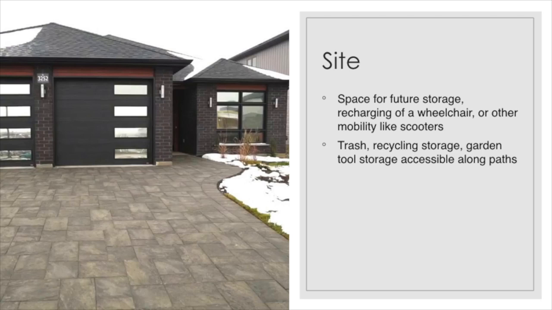This just makes it easier for transportation purposes too, or really anything you have to do around the house site, because for things like storage, for example, or recharging wheelchairs, or other kinds of mobility like scooters, and doing trash, recycling, all those need to be within places that can be wheeled to.